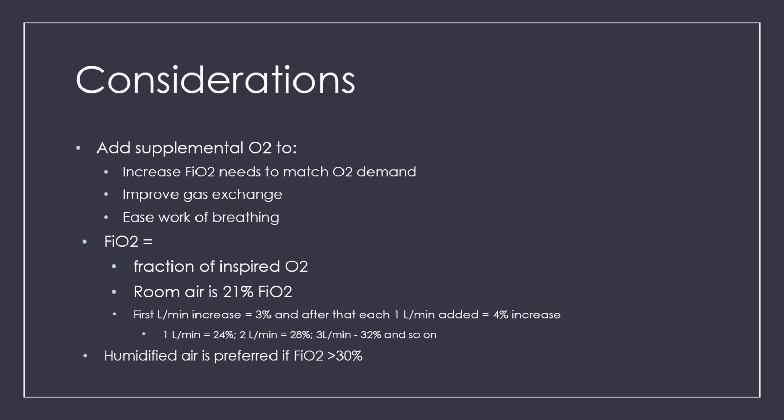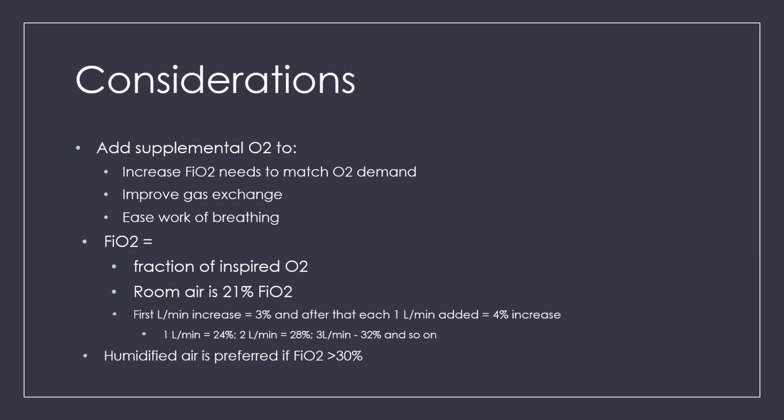So FiO2, that's the fraction of inspired oxygen. The room air you are currently breathing is 21% FiO2. And so as we increase each liter per minute, we're increasing the FiO2, the inspired oxygen for that patient. So in the first 1 liter per minute increase, that's a 3% increase. After that, each 1 liter is an added 4% increase.